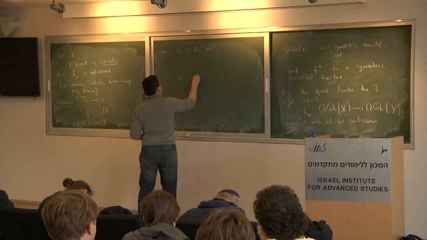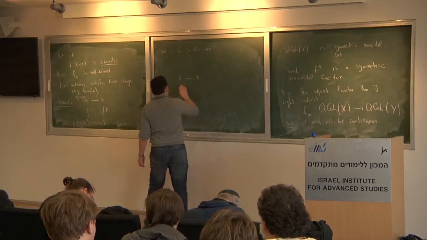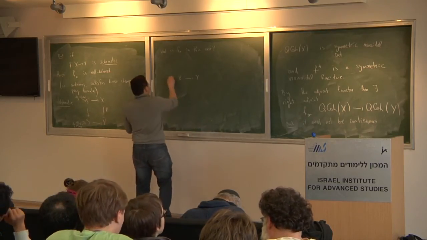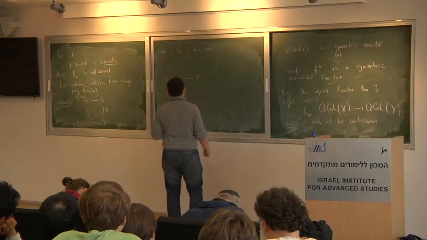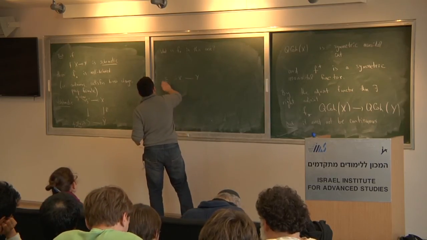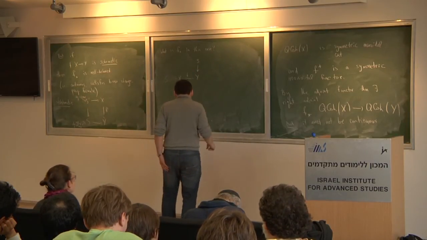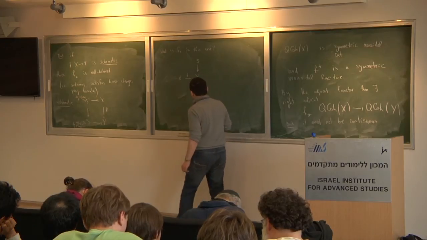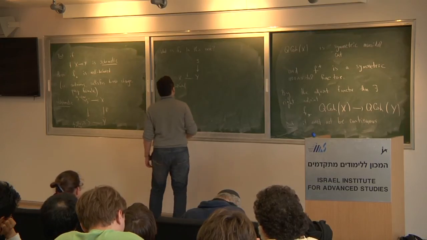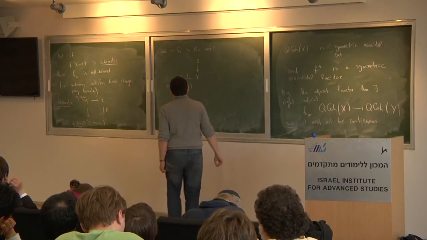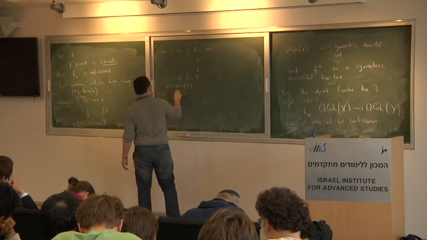So suppose we have a map f from X to Y, and we have something mapping to Y. Suppose M is a quasi-coherent sheaf on X, and we want to evaluate this.